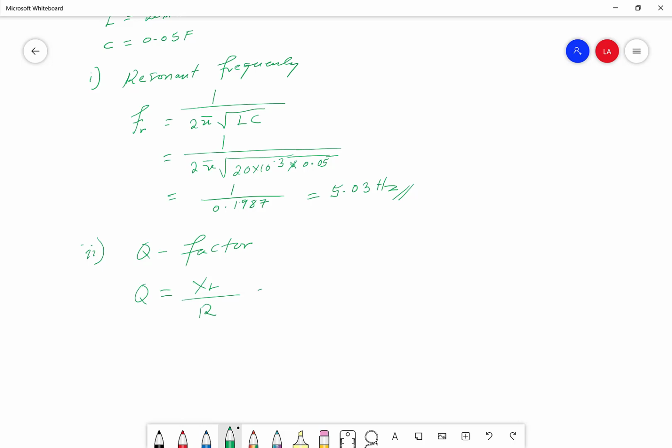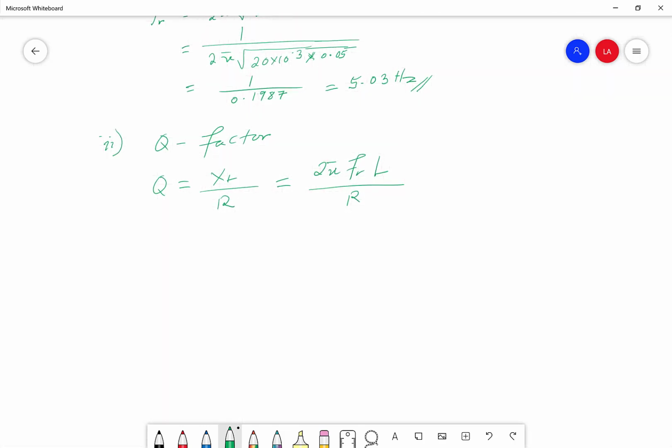And then inductive reactance is the same as 2 pi FR L divided by R. So our Q factor formula becomes this. Okay, so from our data, if we input our data, we're going to have 2 pi, we know our resonance frequency to be 5.03, times our L, which is 20 times 10 raised to the power minus 3, all divided by 10.